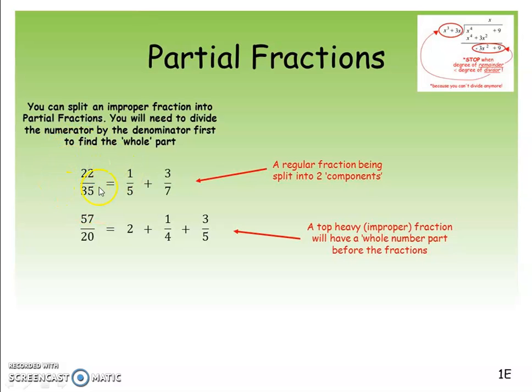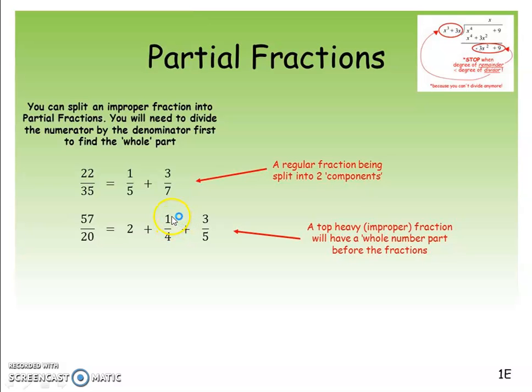So we split this pattern into the first factor plus the second factor. Now 57 upon 20. We convert this 57 upon 20 in this way: 2 plus 1 upon 4 plus 3 upon 5. 4 or 5 means 20. 20 is the LCM.